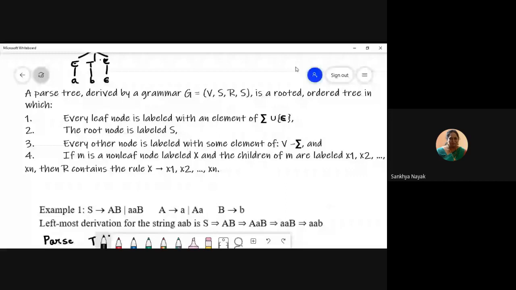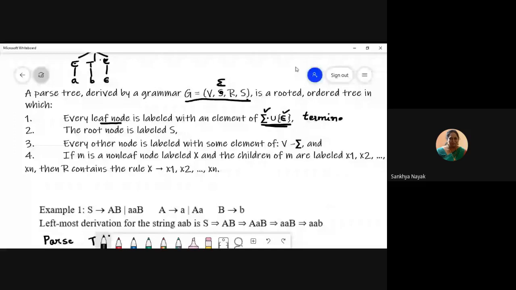So we already know a grammar has V, sigma, R and S. It's a rooted ordered tree. You can see leaf nodes have these elements, that is sigma and epsilon. Sigma is terminals, that's what I said, and epsilon.